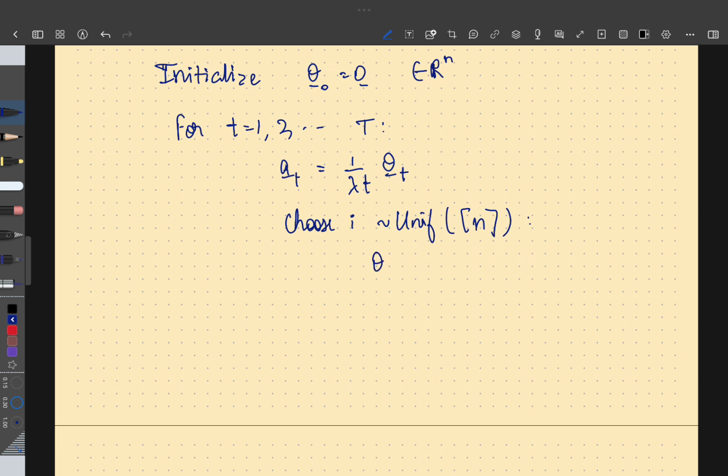The jth component of theta t plus 1 you set to be equal to theta t of j. You don't change it for j not equal to i.